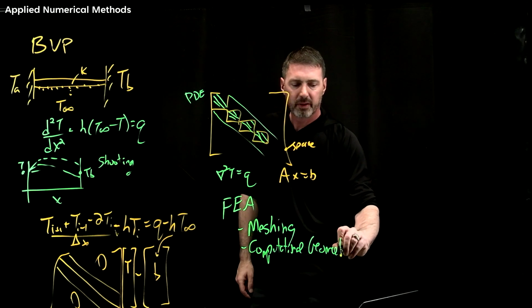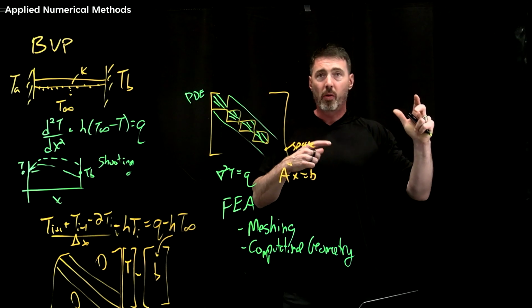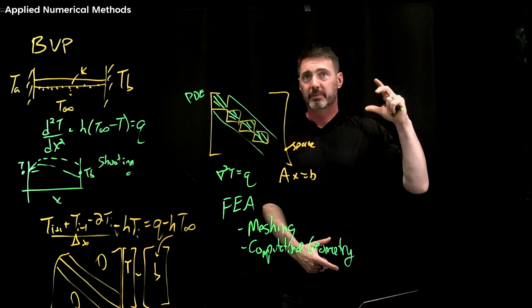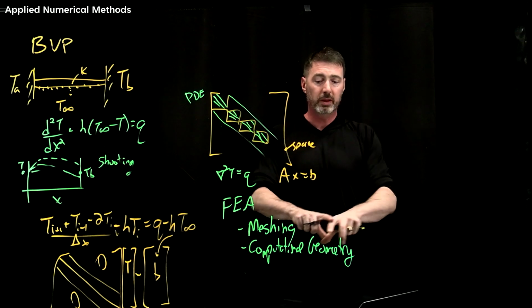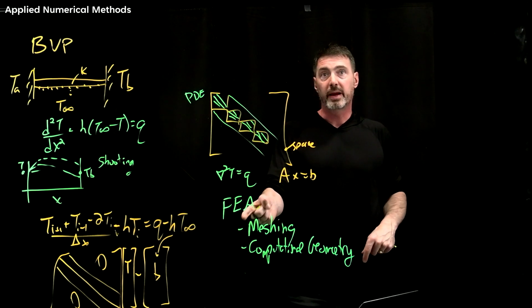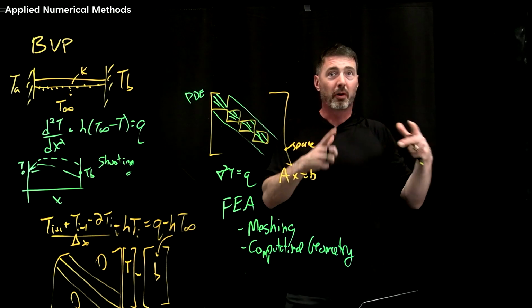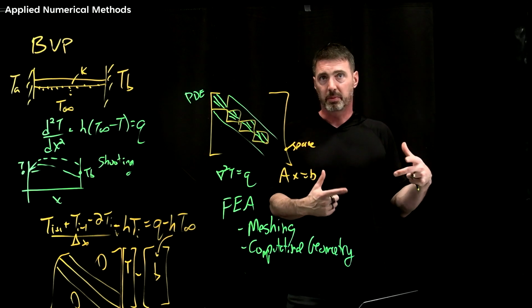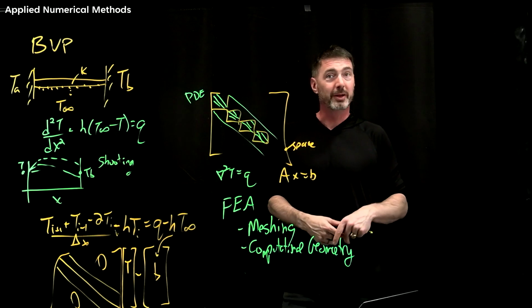If you've ever used CAD, computer-aided design, right, all of that is computational geometry. It's like cylinders and squares and holes and cuts and unions and merges. So there's this whole realm of computational geometry that is very related to FEA and how you actually model those surfaces, whether you're trying to do a stress analysis on a part, or a thermal analysis on a part, or trying to solve for fluid flow in a very complicated situation.